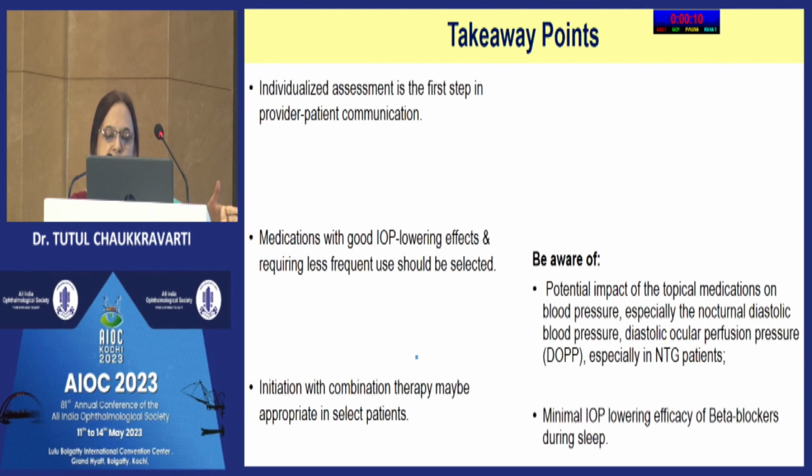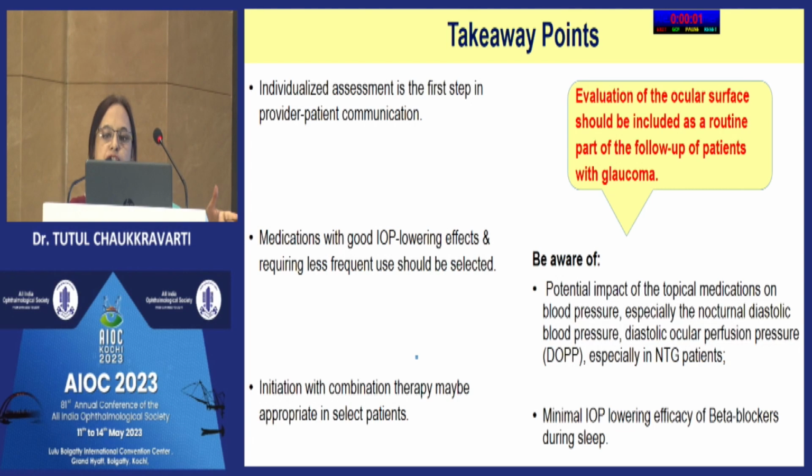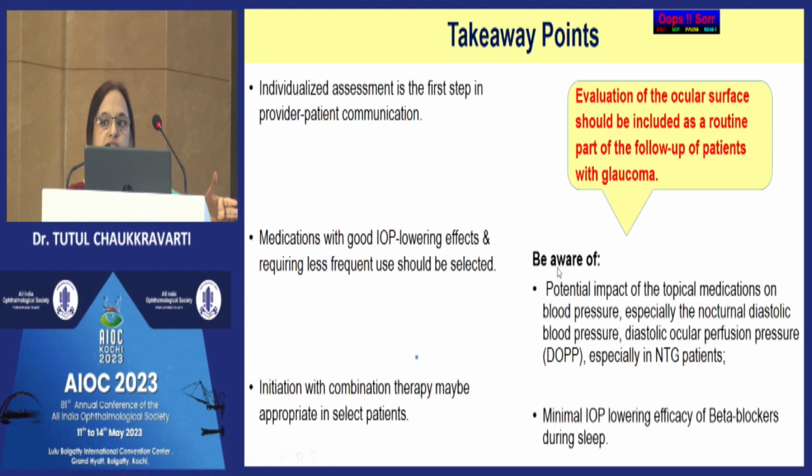Please remember the minimal IOP lowering efficacy of beta blocker during sleep, and evaluation of the ocular surface should be included as a routine part of the follow-up of patients with glaucoma.